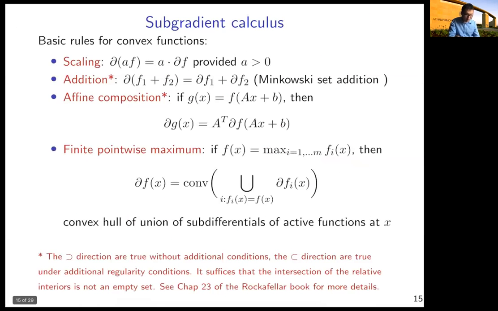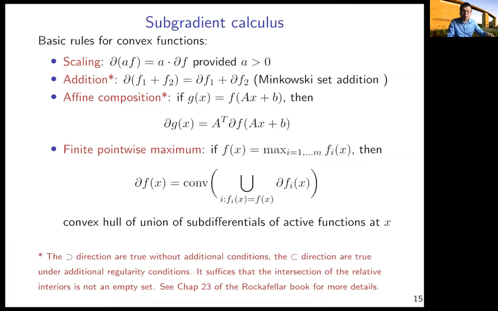Let's summarize all the examples that we have and abstract them away so that we can talk about the calculus of subgradients. For many functions, we don't want to work out the subgradients from the basic definition.